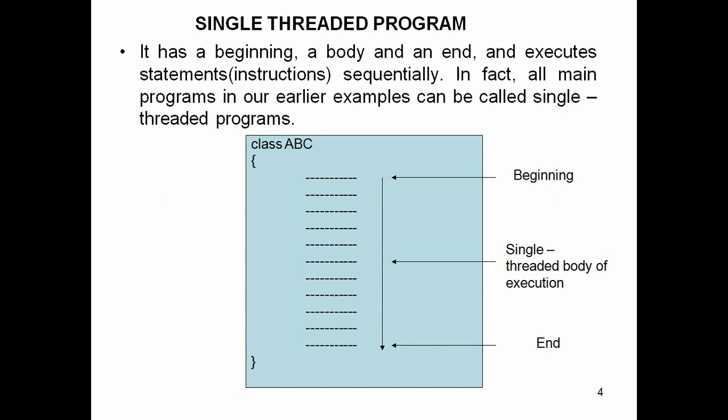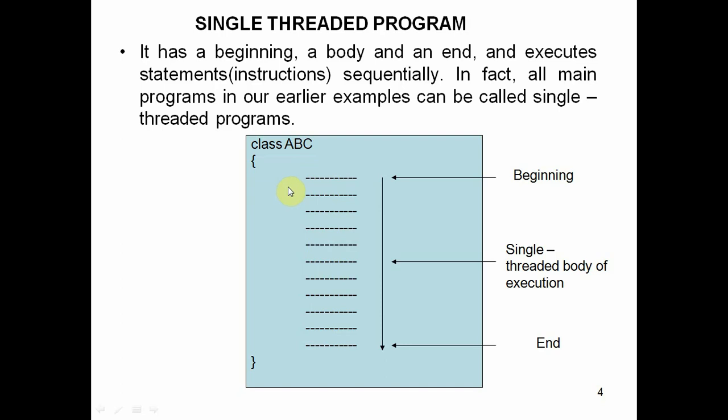In this diagram we have written one class ABC, which contains some code like this. It has some beginning, body and then end. It executes the statements sequentially. That means without executing the first statement, the control never goes to execute the second statement.